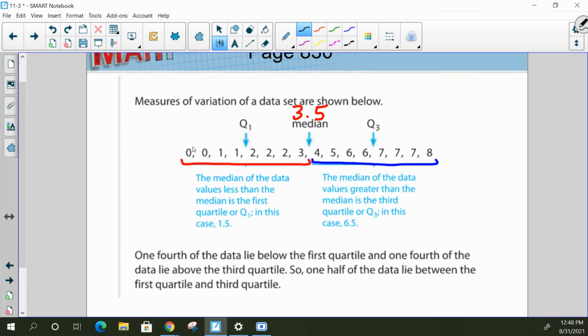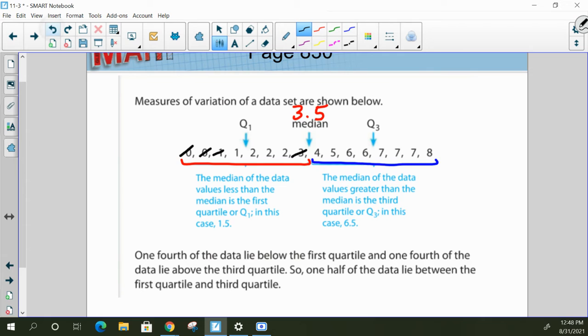So we don't actually call it the median, we call it the first quartile. So look at the red, and if we did that same process of finding the median of just the red underlined numbers, you'd end up with a 1 and 2 in the middle. If you add them together, you get 3. Divide by 2, you get 1.5.